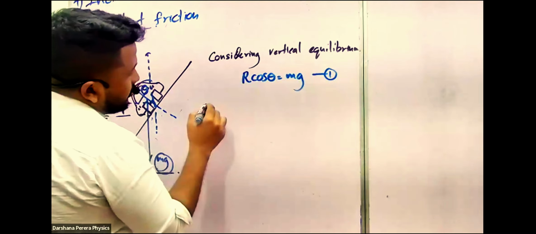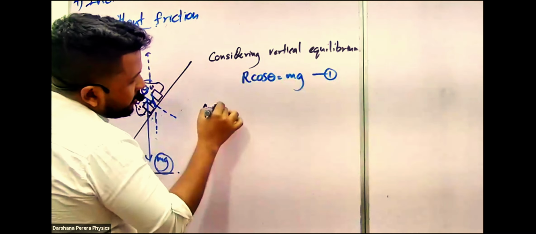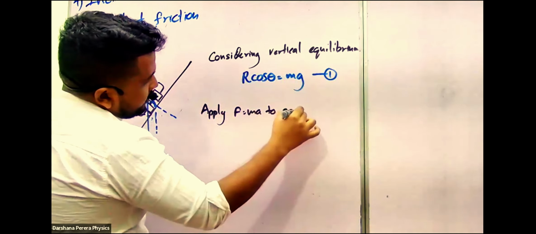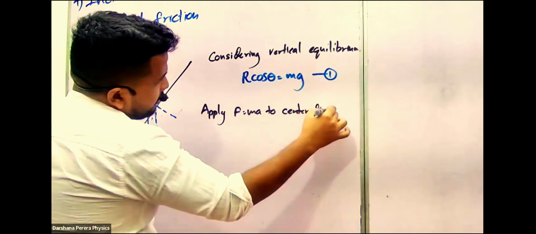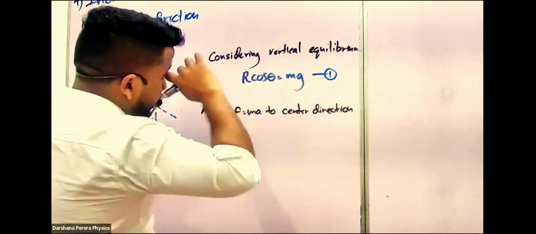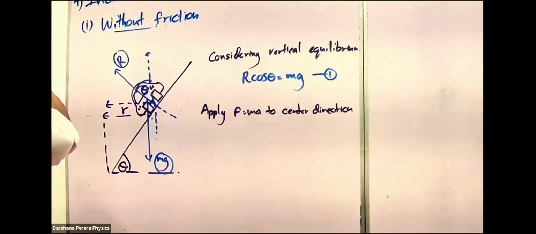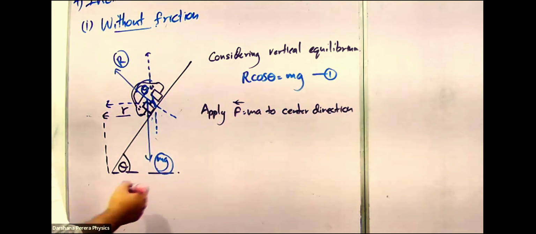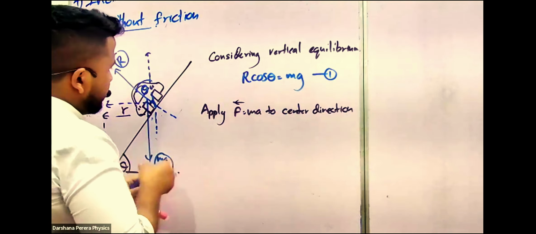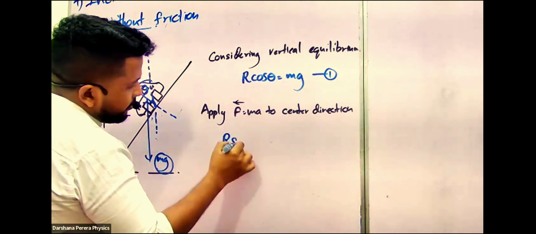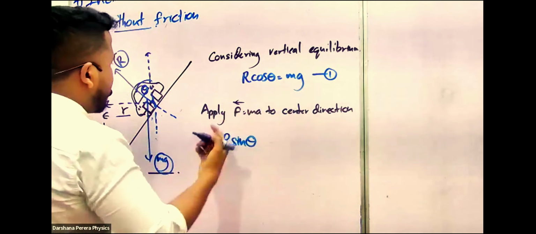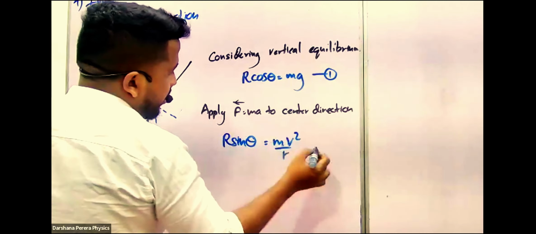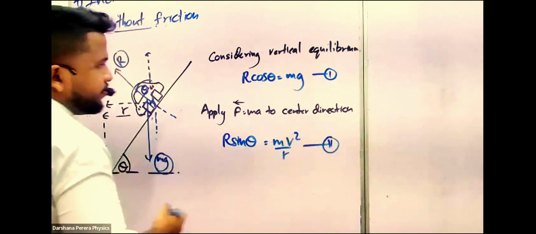Then apply F equals ma in the center direction. R sin theta equals m v square over r. This is number 2.